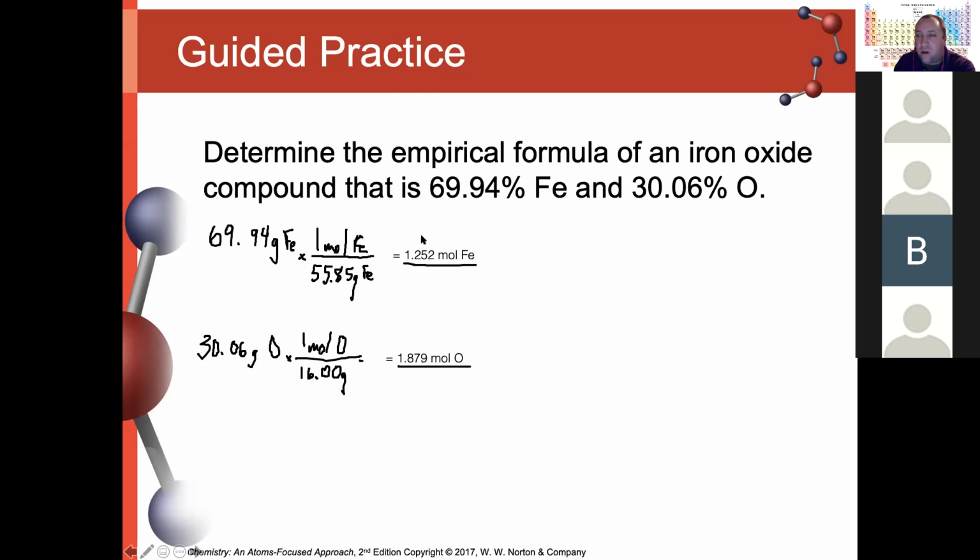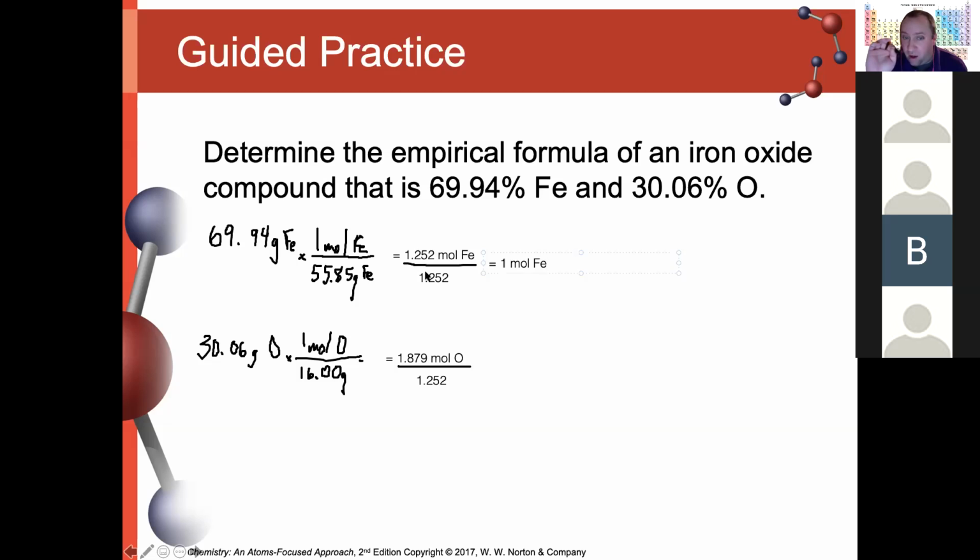The number that you're going to choose is the smaller of the two. So 1.252 is the smallest of the numbers, and that's going to lead to 1 mole of iron. By dividing by the smallest number, we guarantee that number is going to be a 1.